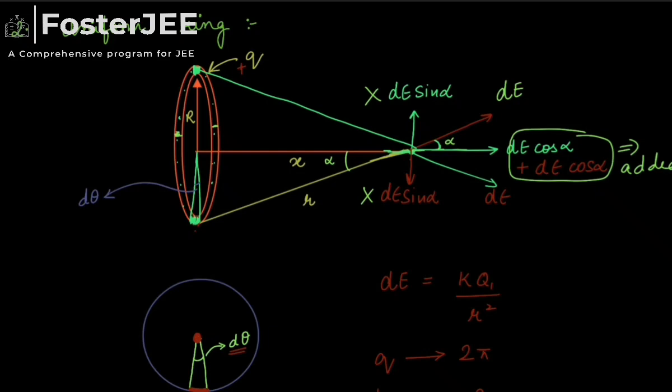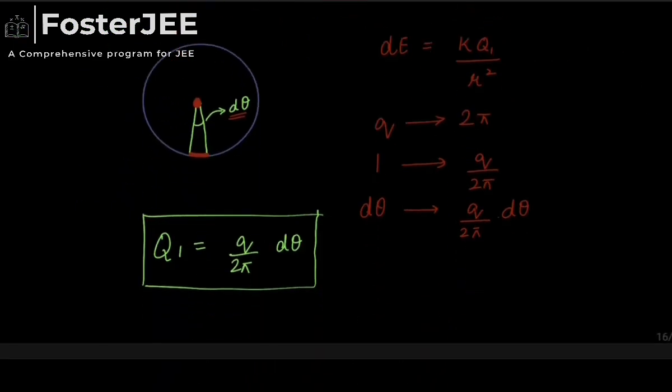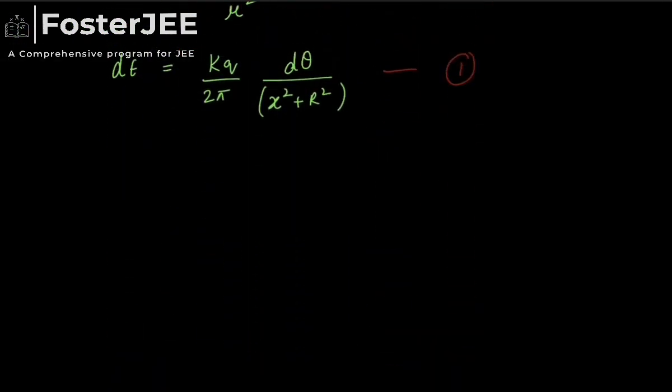So we don't have to integrate this part, because we know the net electric field will be along this direction. So using this concept, we can write net electric field E net will be the integration of dE cos alpha.